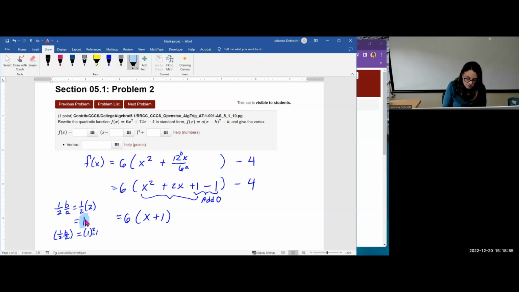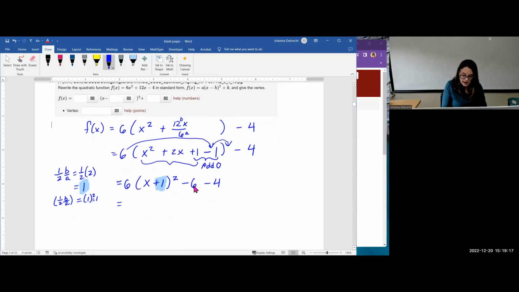Notice that this one right here matches what's inside of the binomial, and it is squared. And then we're going to take the 6, and multiply by the -1, and write it right there. So 6 times -1 is a -6 minus 4. So cleaning up the 2 constant terms, the next thing that we're going to have is 6 times x plus 1 quantity squared minus 10.